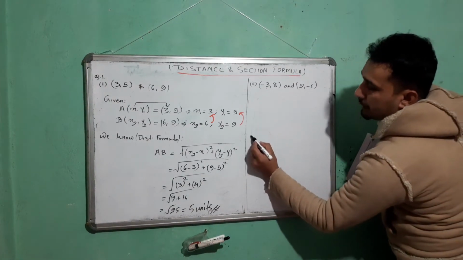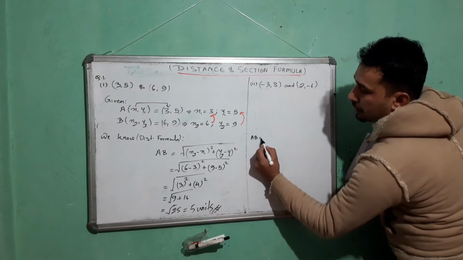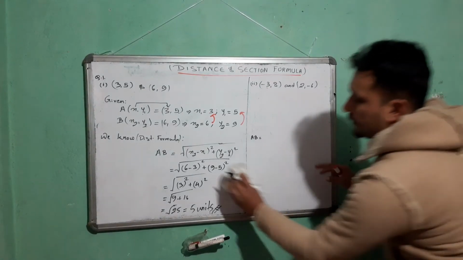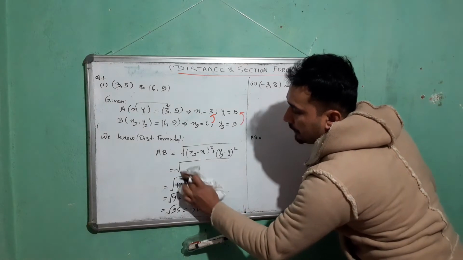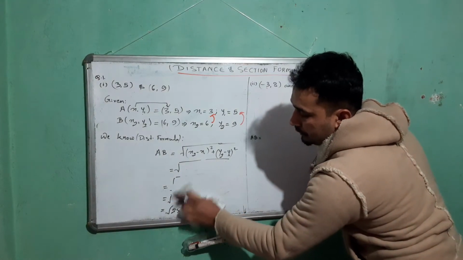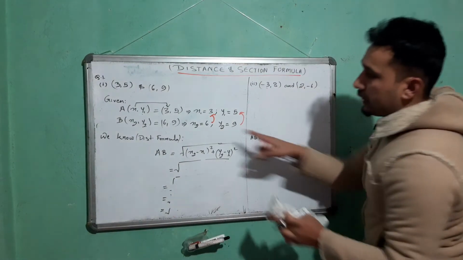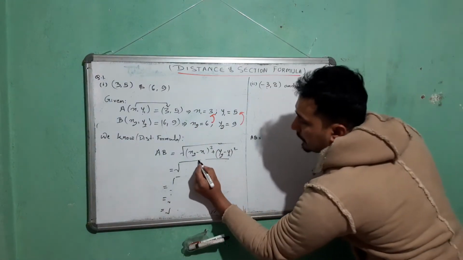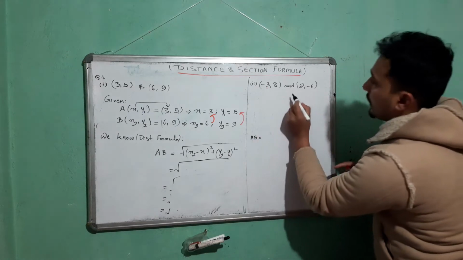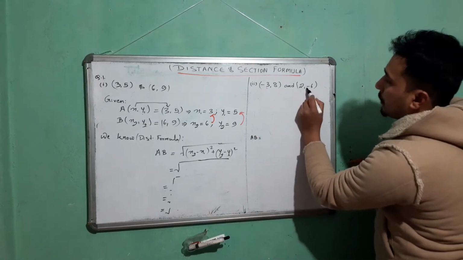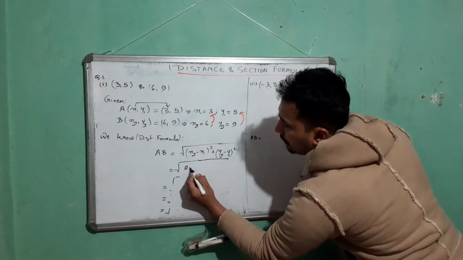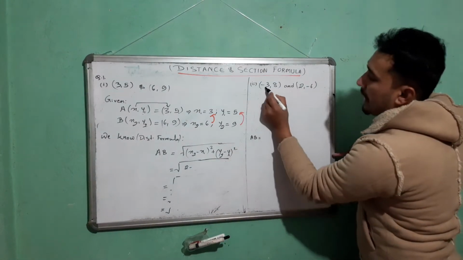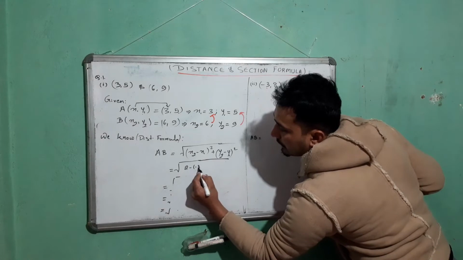So I'll write AB is equal to, and the same formula you have to apply. You change the values here, whatever is given, you write it properly. x2 is 2, minus x1 which is minus 3, so 2 minus (minus 3).